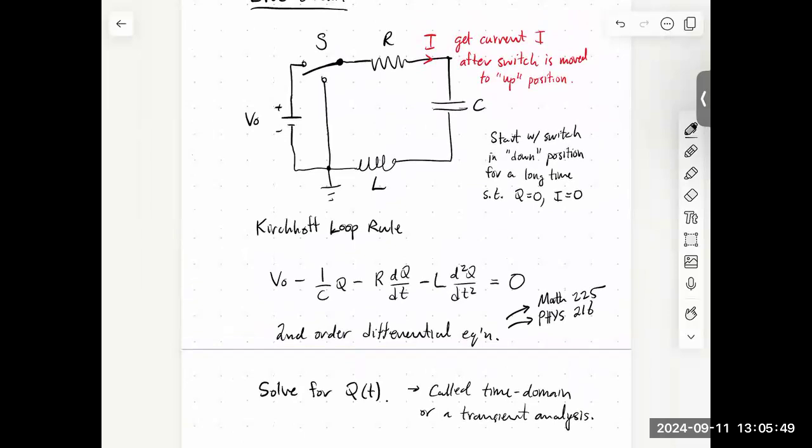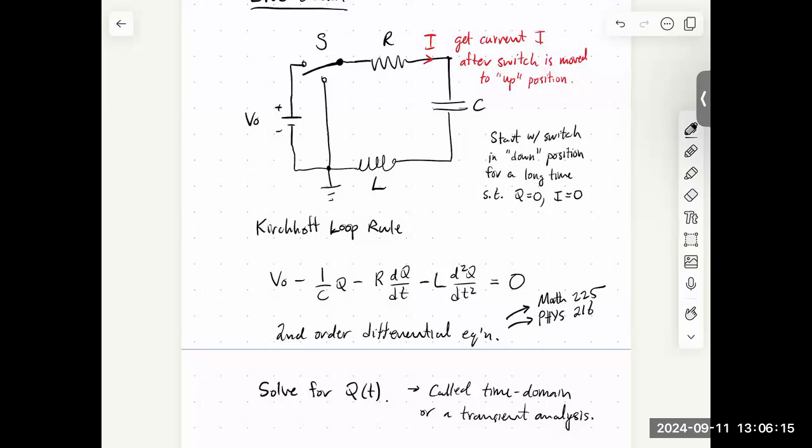So in our example, the first equilibrium with the switch down is no charge, no current. Then we flip the switch up, and the system's going to evolve to a new equilibrium. And what we're trying to find is how does the charge on the capacitor, for example, change with time as we go from one equilibrium to the next.